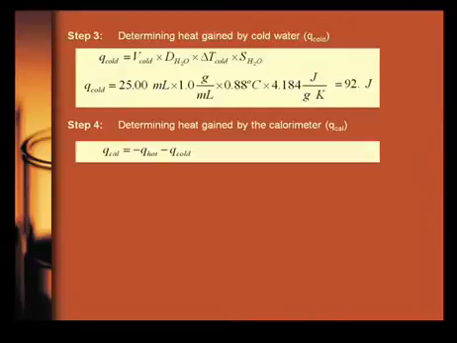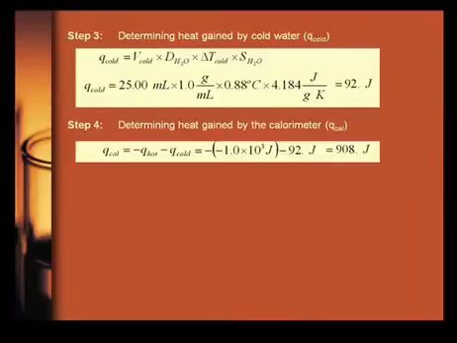Step 4 is determining the heat gained by the calorimeter, or Q cal. Q cal is equal to negative Q hot minus Q cold, or negative negative 1.0 times 10 to the 3 joules minus 92 joules, or 908 joules.